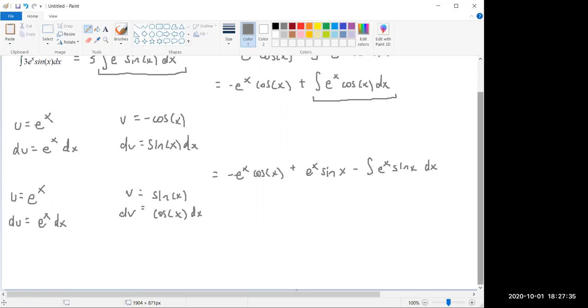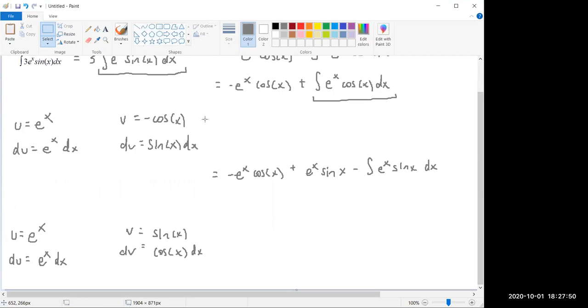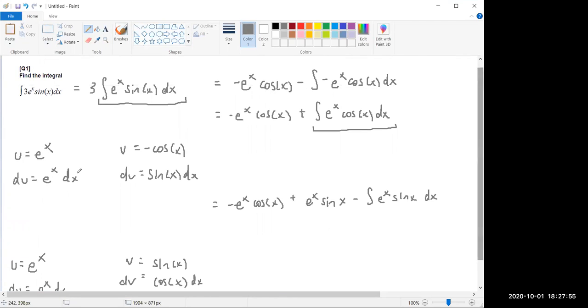Okay, so it seems like we're going in circles, but we already knew how this question goes. Recall what's on the left-hand side of our equation. It is e to the x sine of x dx, right?